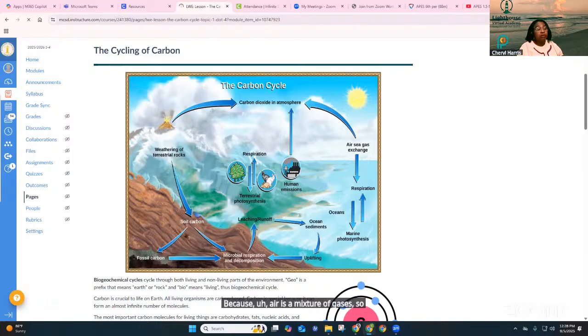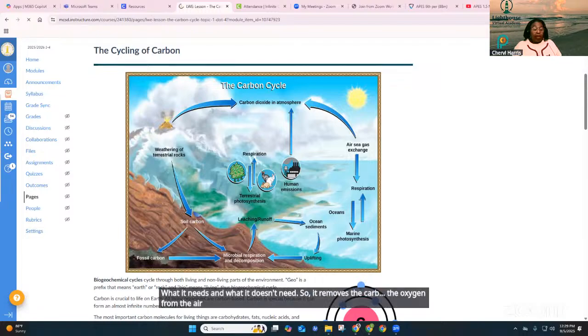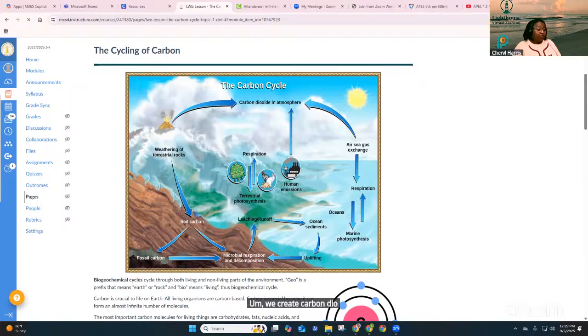So we take a deep breath, and then our body is able to dissociate what it needs and what it doesn't need. So it removes the oxygen from the air, and then we just exhale everything else back out. But in addition to the things that we exhale, we create carbon dioxide as a waste product of respiration.